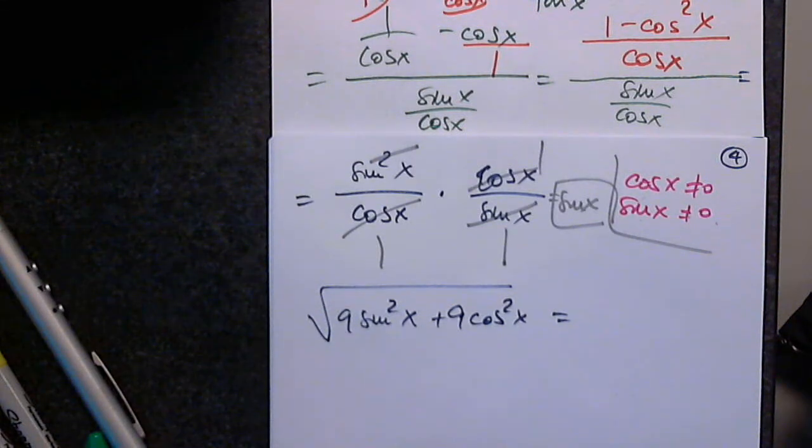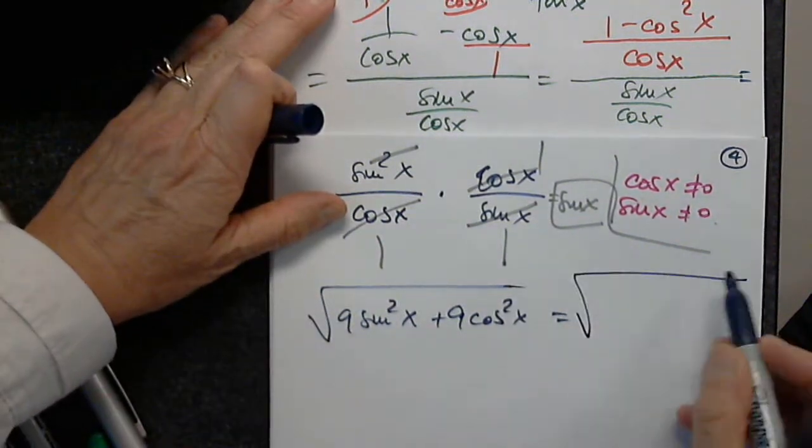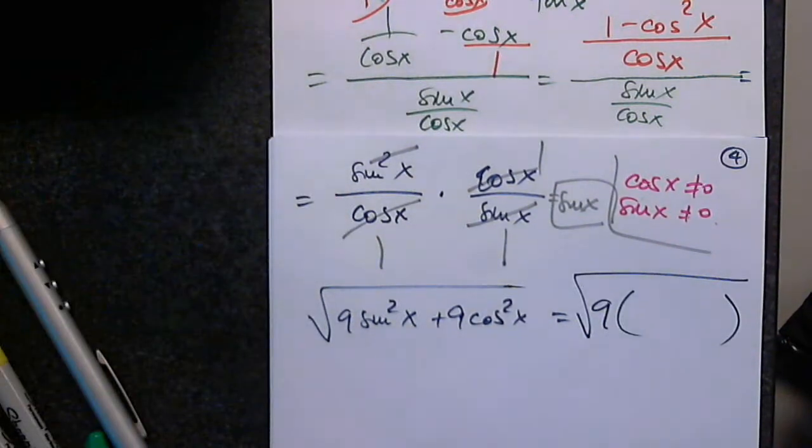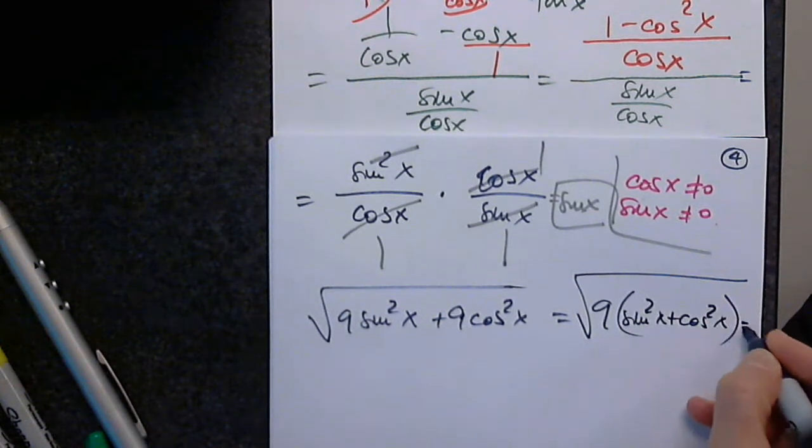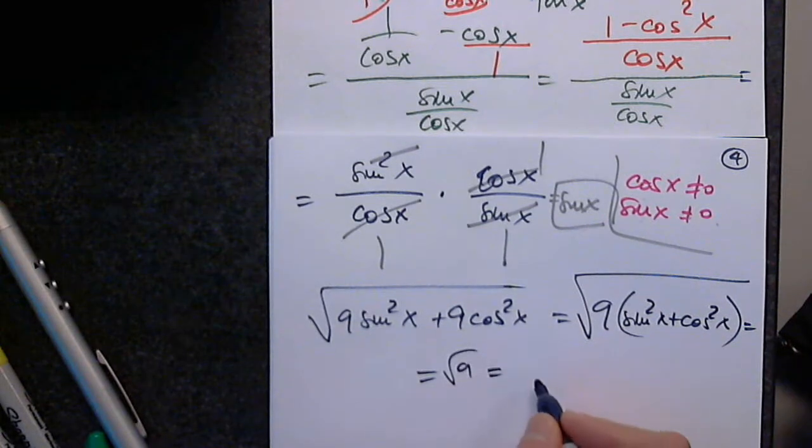The answer is the other key word that I've been repeating forever. They go together most of the time. So what will I factor? 9. Yes, I have to factor 9. What is left in parentheses? Sine squared x plus cosine squared x. And what does that mean? 1. So this is the square root of 9, which is 3. Yay.